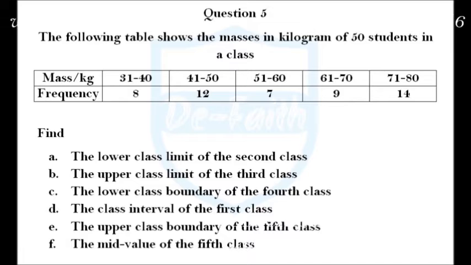Find A, the lower class limits of the second class. B, the upper class limits of the third class. C, the lower class boundary of the fourth class. D, the class interval of the first class. E, the upper class boundary of the fifth class. F, the mid value of the fifth class.